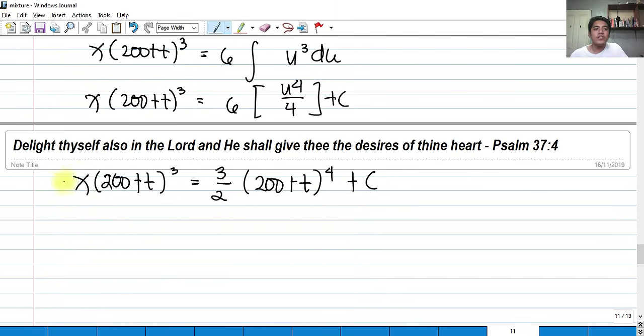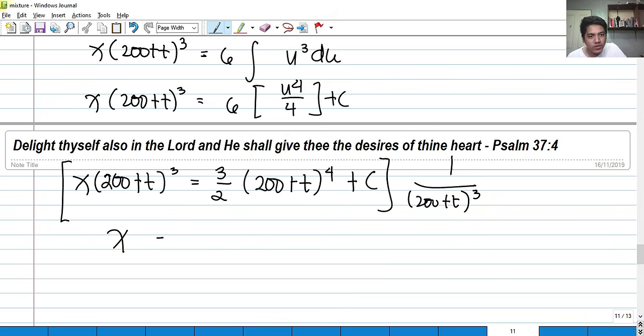And if I'm going to isolate x, I divide both sides by (200 + t)^3. So, what will happen? x would now be 3 over 2, and this would cancel, so we'll be having 200 + t already here because of this cube.